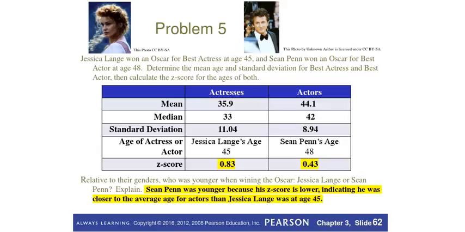Jessica Lange was 0.83, so relatively speaking to her gender's standard score, she was a bit further away. 0.83 is a higher number than 0.43. So comparing those Z-scores is how we can compare two different populations and tell whether one value is farther away from the mean than the other. And so relative to their ages, Sean Penn was actually younger as compared to Jessica Lange at her first Oscar.